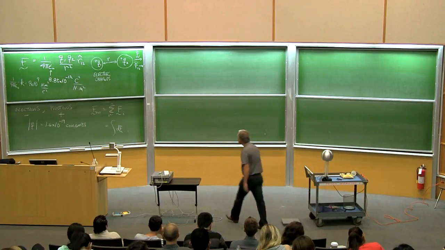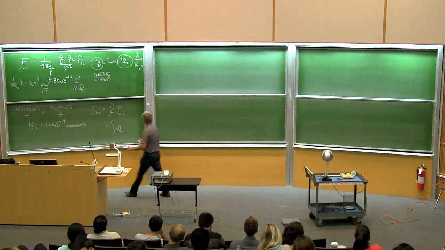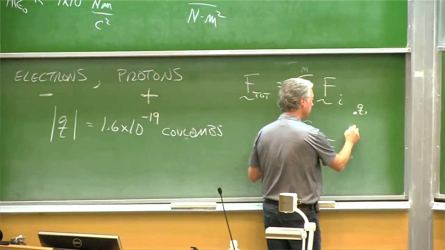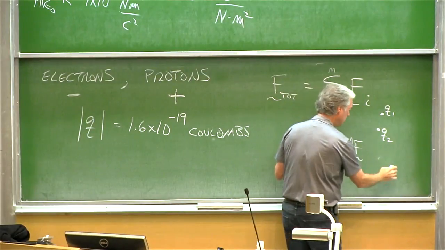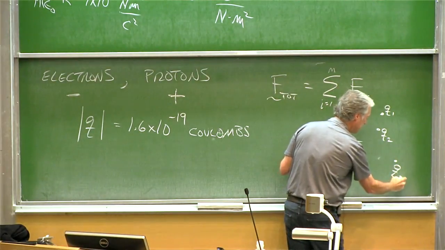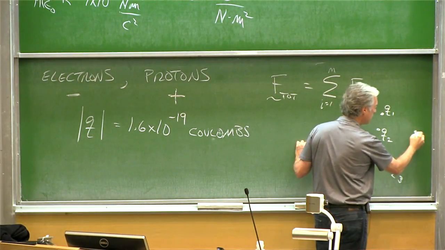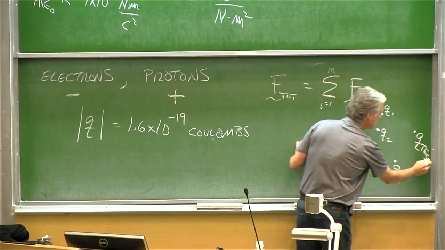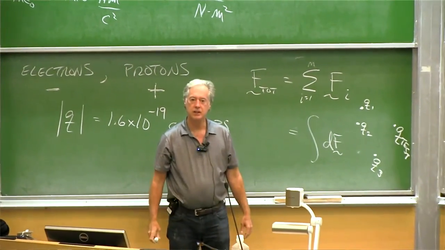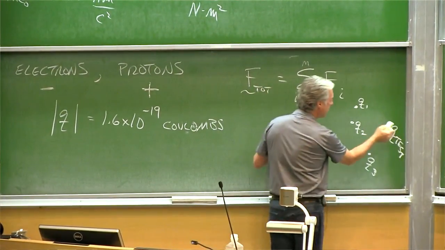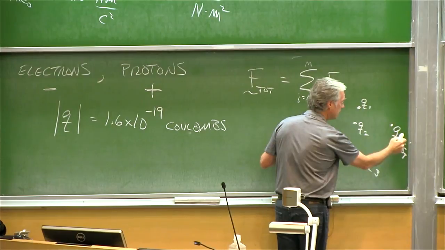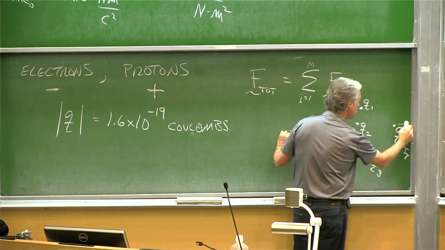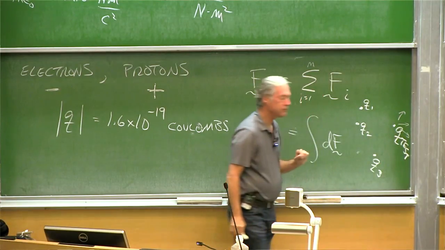So if we had a bunch of charges, so we had charge here, Q1, Q2, Q3, and I'm going to put a test charge over here, the one we're interested in. Let's call it a test charge, Q test.